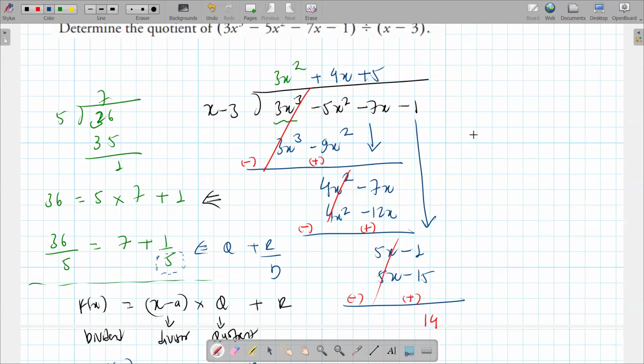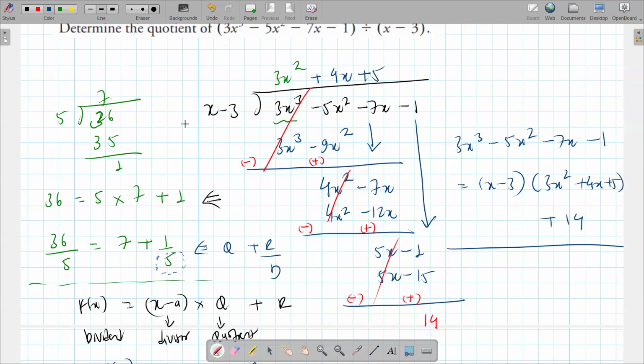So you could say that our polynomial, 3x cubed minus 5x squared minus 7x minus 1, is equal to our divisor times our quotient plus our remainder. That's one way of writing it. Another way of writing it is in this form where the divisor is part of the dividend.